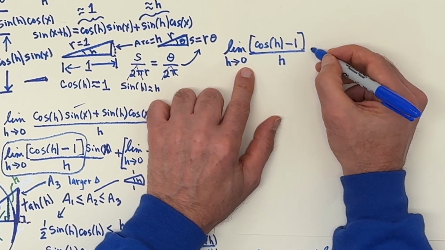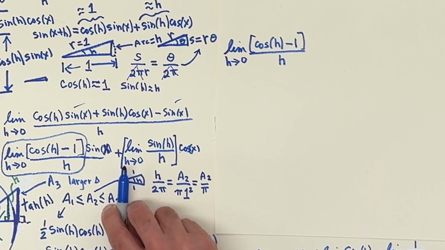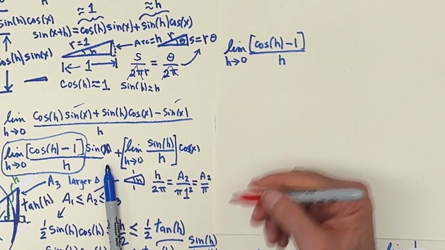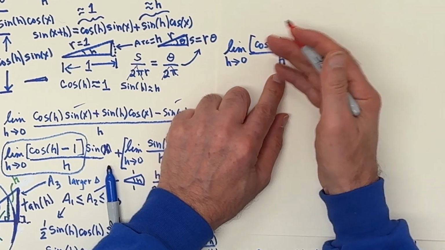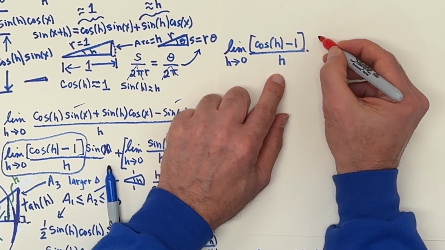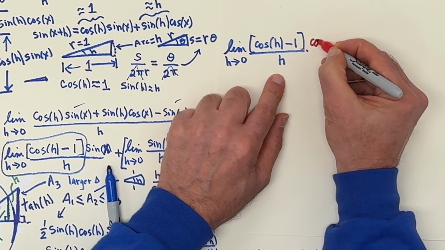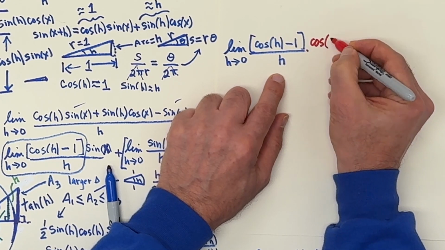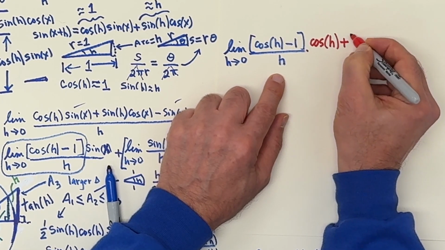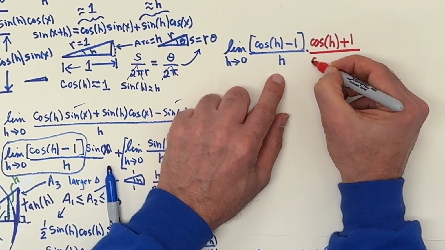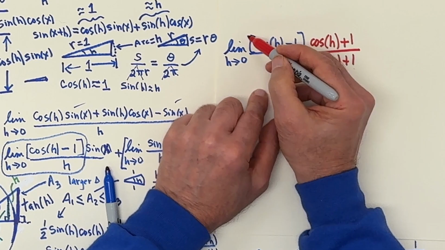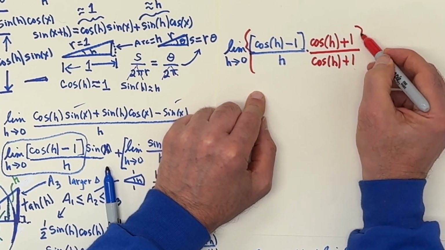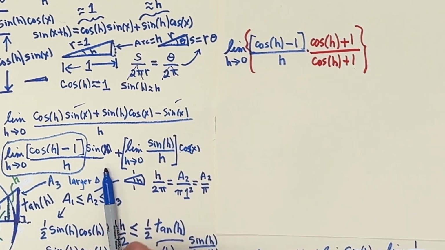Okay, so what I'm going to do is multiply the top and bottom of this equation by the same thing. So I'm basically multiplying by 1. And that's going to be cosine of h plus 1 over cosine of h plus 1. So I don't change anything. All right.